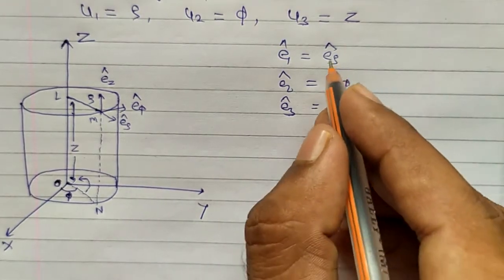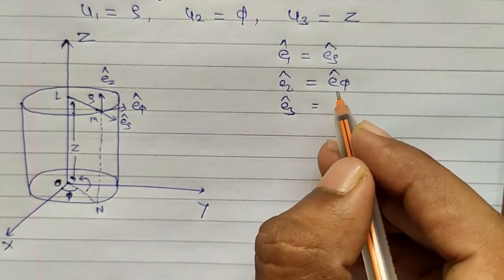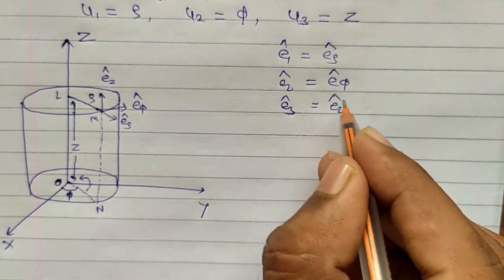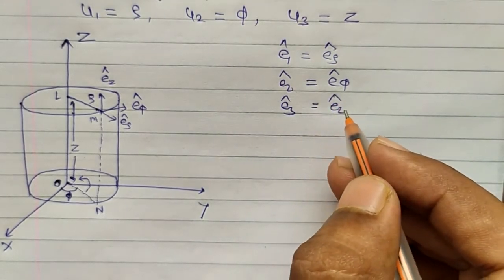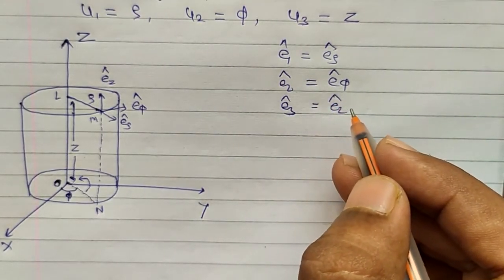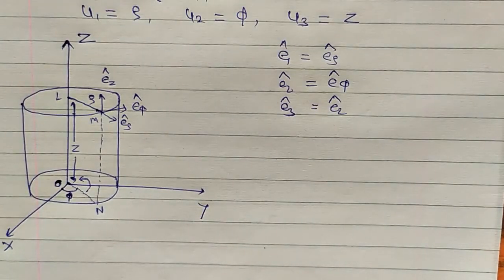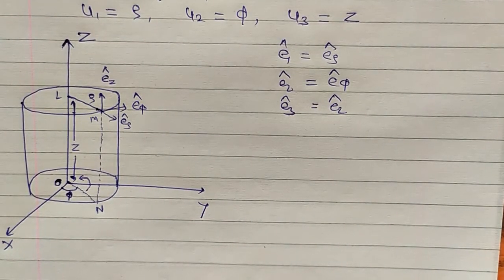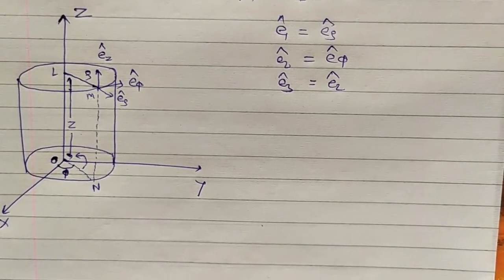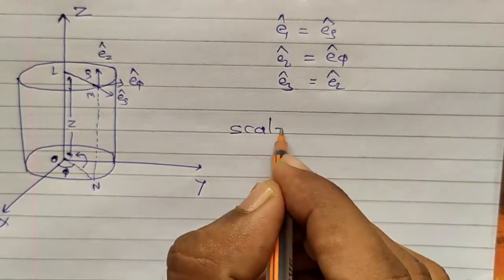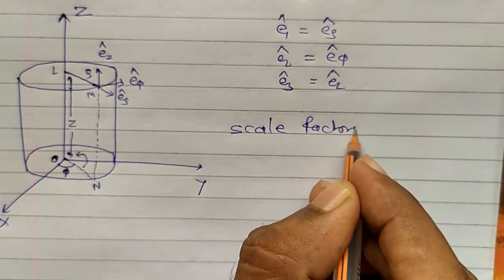So it is E rho cap, E phi cap, and Ez cap; you can say that these are the unit vectors in the cylindrical coordinate system. I got the unit vectors. What else do I need? I need scale factors.